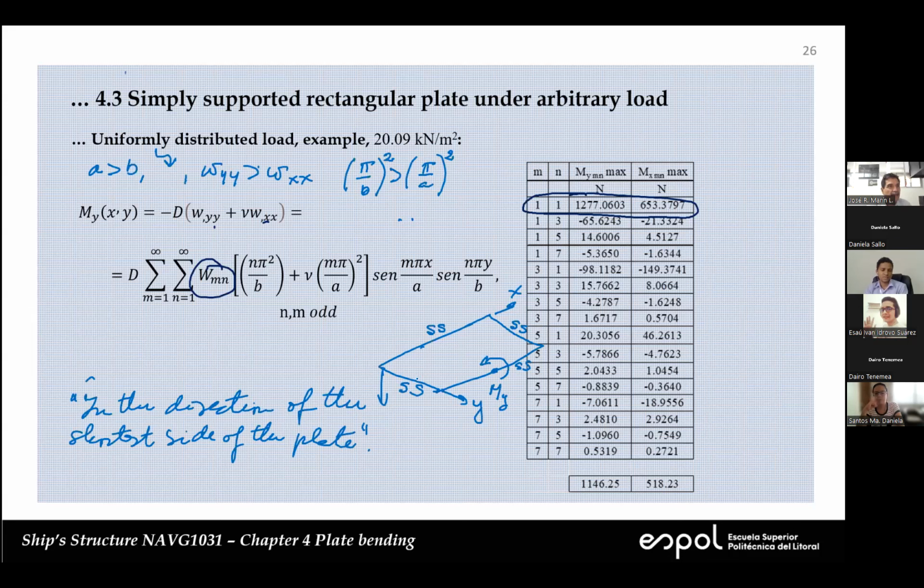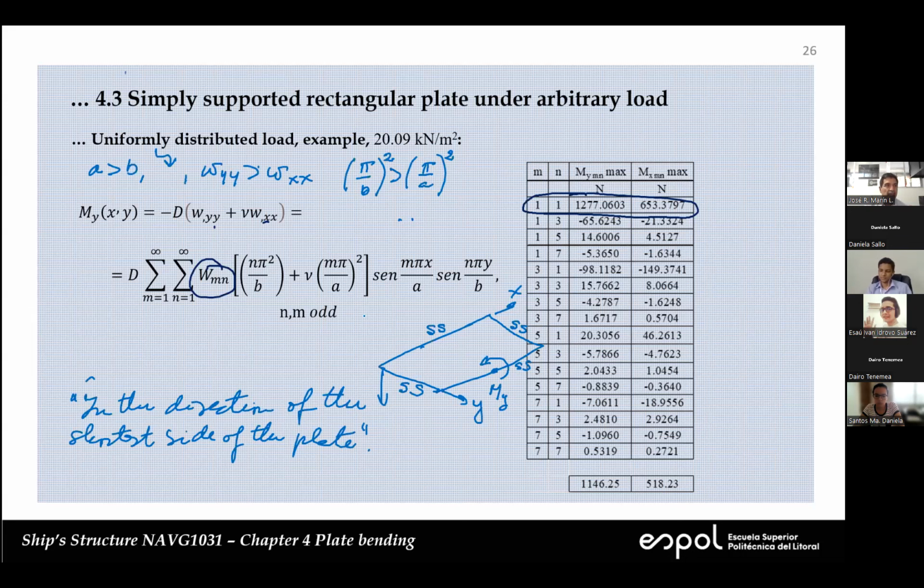It's 0, yeah. Why is that 0? Because it's simply supported. Yeah, so remember that you have a simple support. It can rotate freely. There is no restriction to rotation. So the bending moment is 0. That's a boundary condition, right?